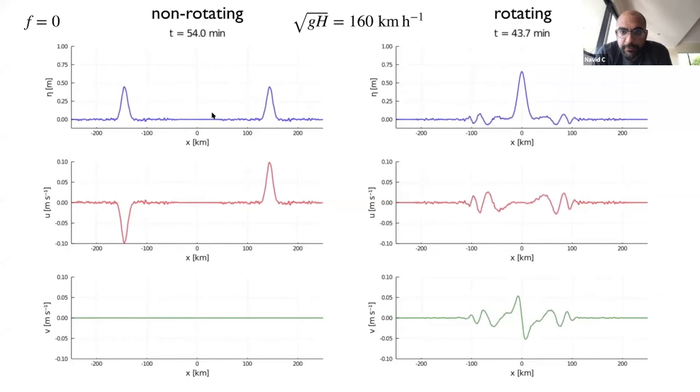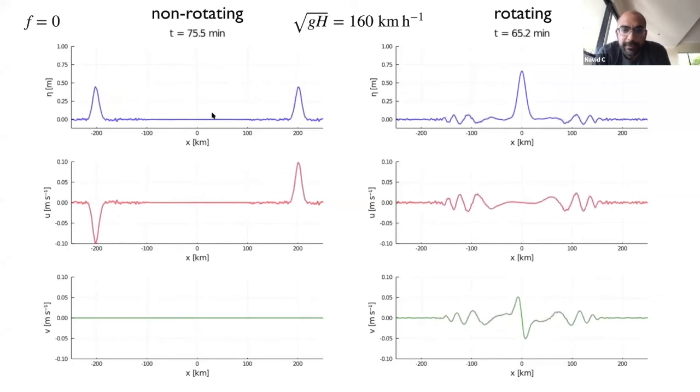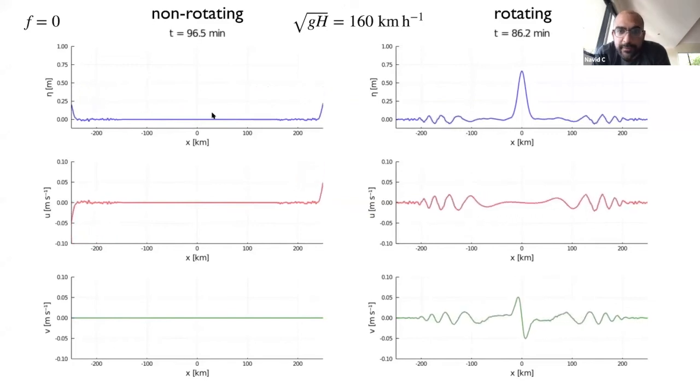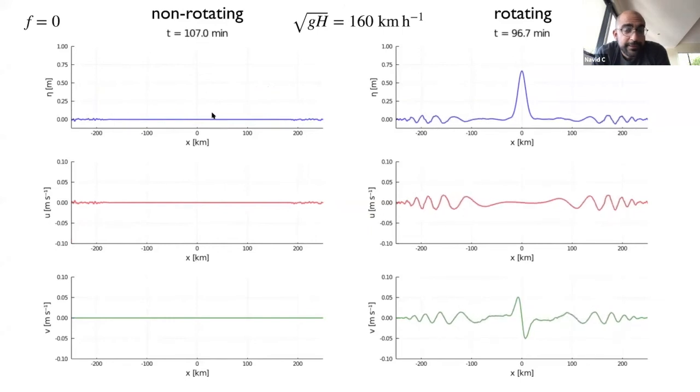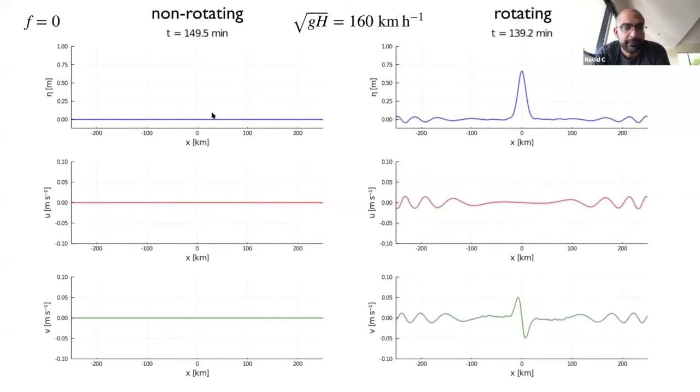So what do we see? We again see a lot of waves propagating away, more or less with the same speed, this 160 kilometers per second. But still there is some disturbance that is left in the middle, where the pebble we threw, or the initial disturbance that we put, is still there.